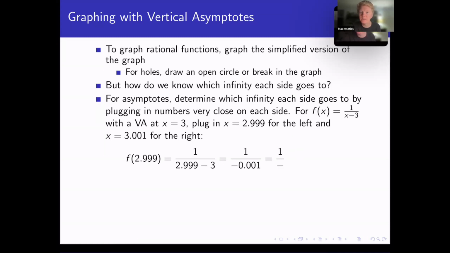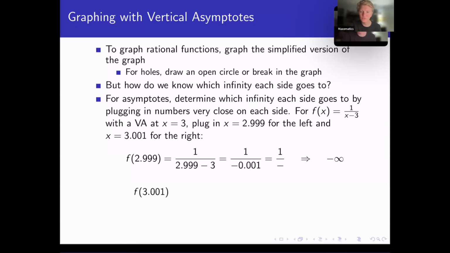Positive divided by a negative is a negative number. So in this case, to the left of x equals 3, we are approaching negative infinity. Again, we did not care at all what the value was. All we care about is the sign of infinity.